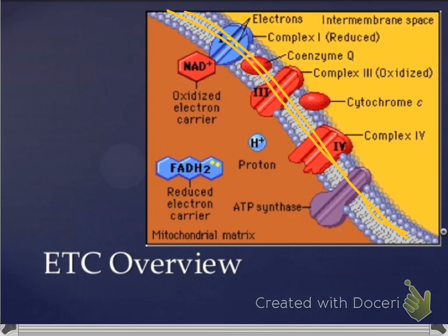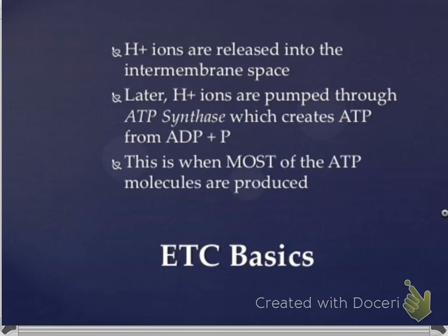So the electrons have to move out and so does the ATP. So your H plus ions, which are hydrogen, hopefully you remember that, are released into the intermembrane space.